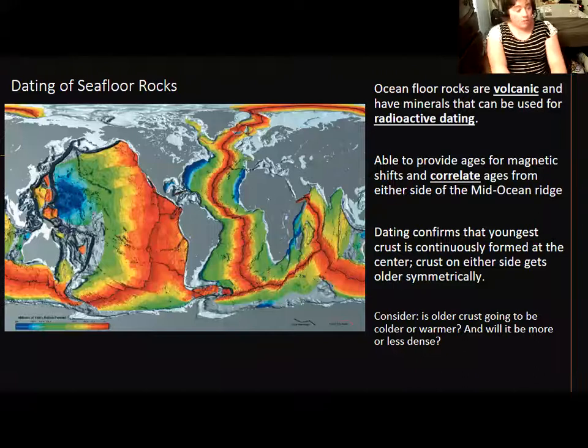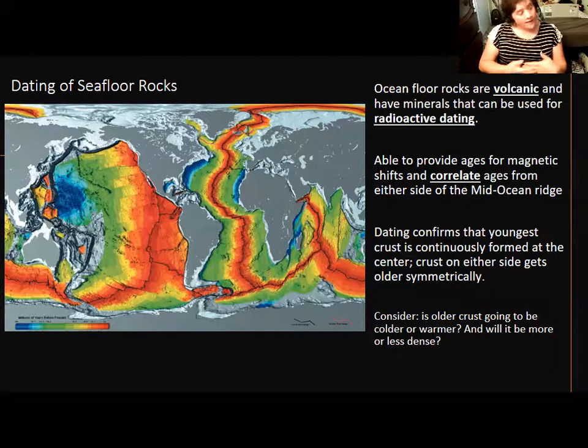They looked to see if there were other aspects that might support this on either side, and as expected, and supporting this hypothesis, the rocks on either side of the mid-ocean ridge were symmetrical as well. Some rocks can be dated with radioactive decay. Rocks that form from volcanoes can be in particular.